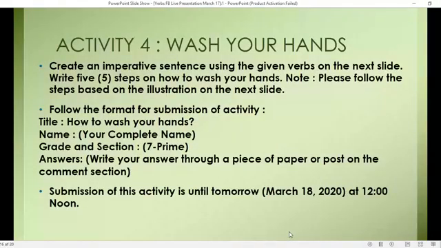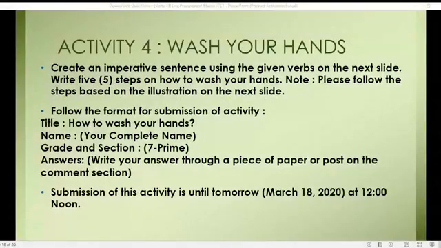Ayan. So, submission of these activities is until tomorrow afternoon. Or kung pwede pa mag-extend, I will still open the comment section. But on that particular day, kapag nag-exceed na kayo sa time, send me your PMs together with your answers para madali ko siyang ma-check.